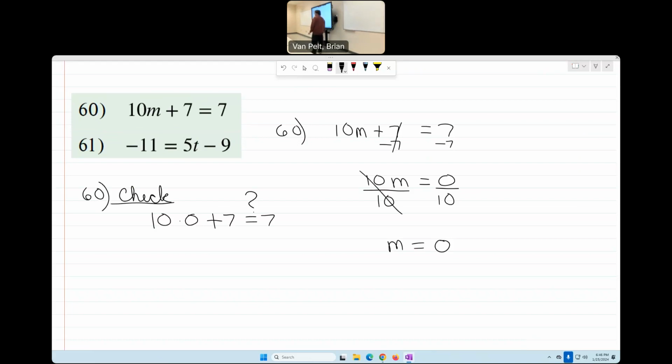Does that actually equal out? It does. 10 times 0 is 0, right? Once you have checked yourself enough to know you're right, you can skip the check. I typically don't check them, but it's obviously a good habit to get into. Questions about this?